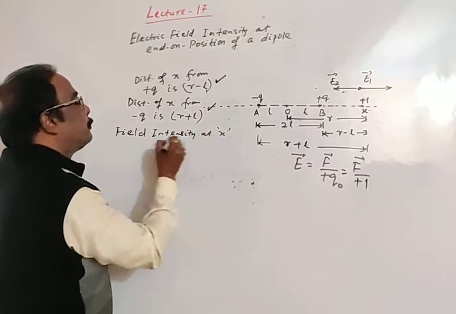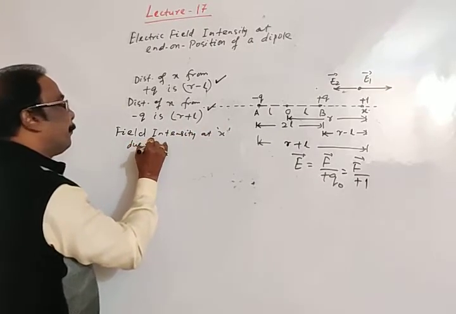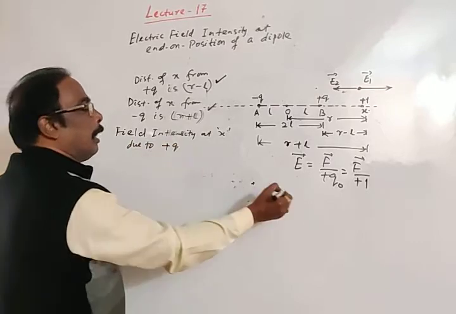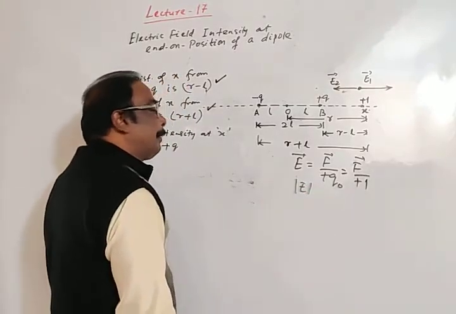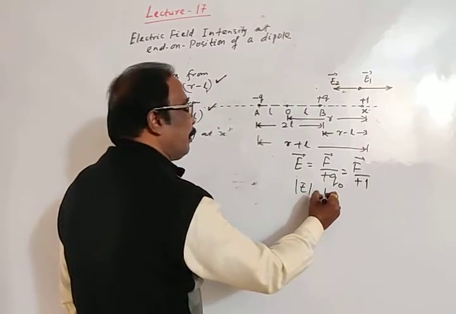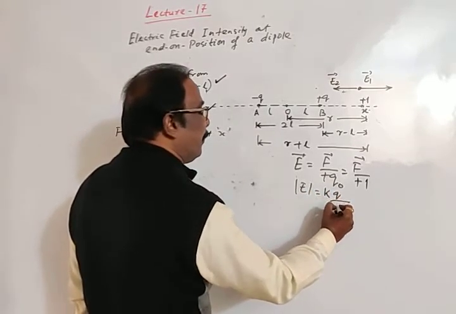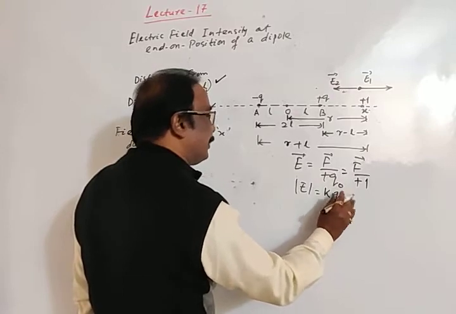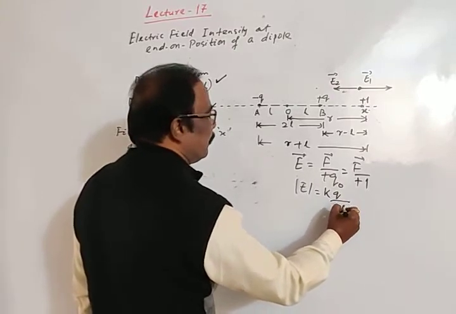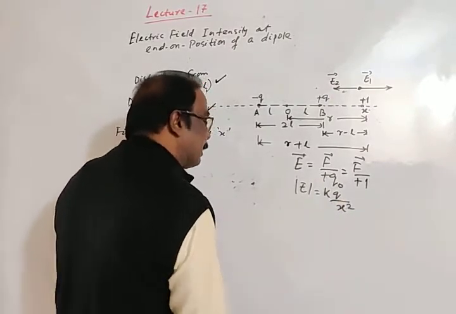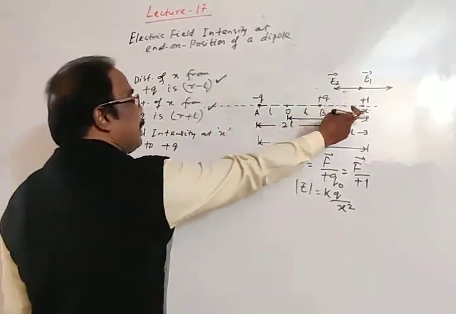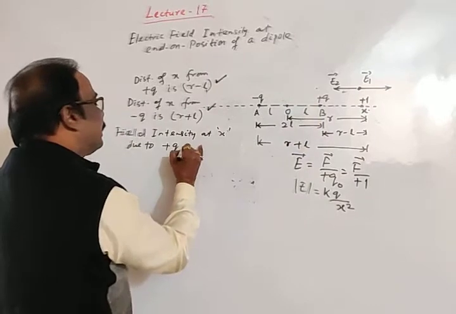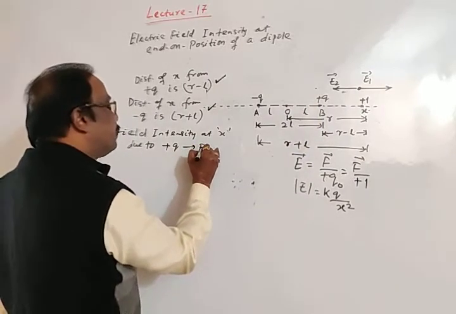The electric field intensity at X due to plus q: as we know, the magnitude of electric field intensity is kq divided by the square of distance. Suppose the distance is x, then kq by x square. Here, the field intensity at X due to plus q is E1.